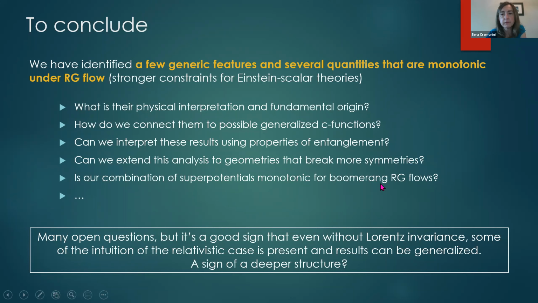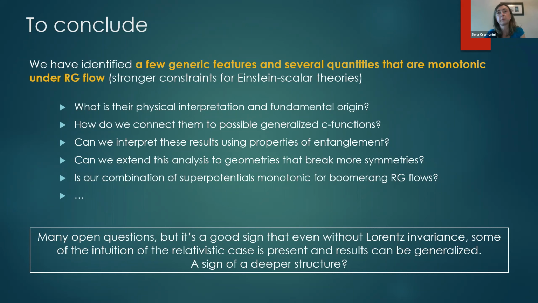And finally, this boomerang RG flow. These are flows that start from AdS and go back to the same AdS. These are very interesting for a number of reasons. They're also nice toy models for understanding RG flow.